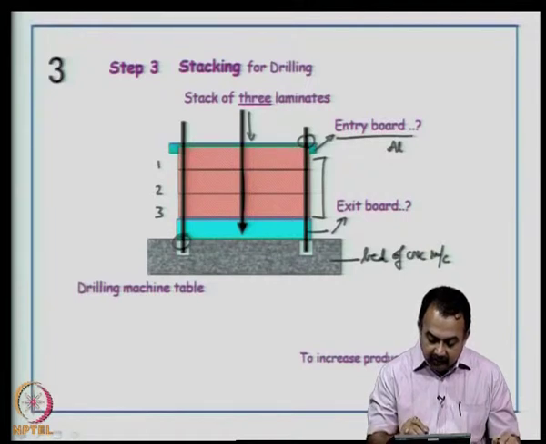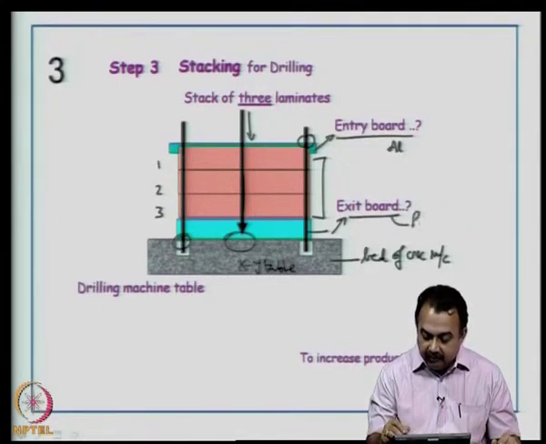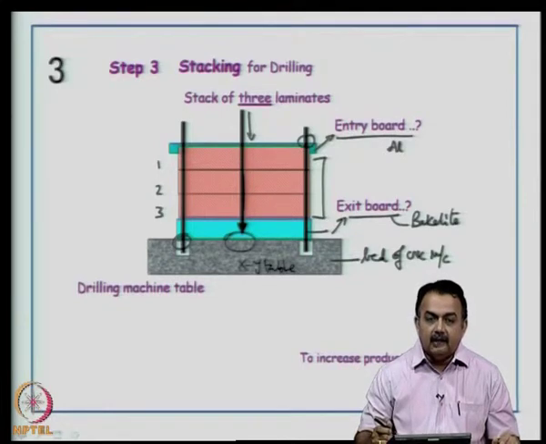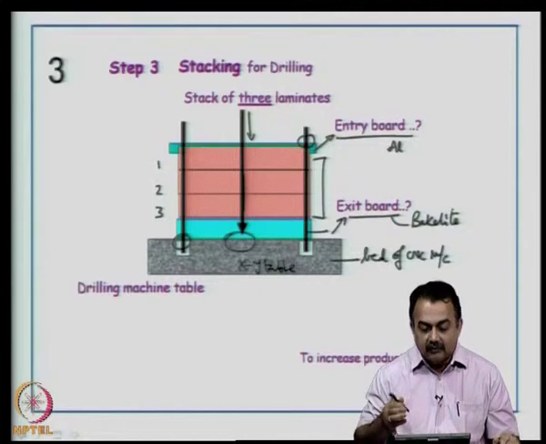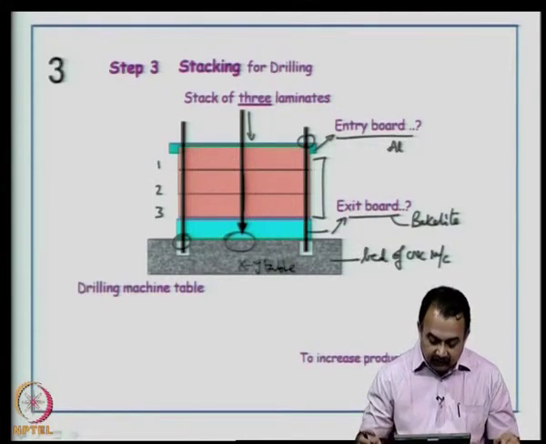Also at the exit, you do not want your drill bit to hit the granite structure of the XY table of the CNC drilling machine. To avoid breakage, you use an exit board typically made out of bakelite laminate, and you can adjust the depth of drilling, so that you can prevent the misfortune of having your drill bit broken due to touching the XY table.